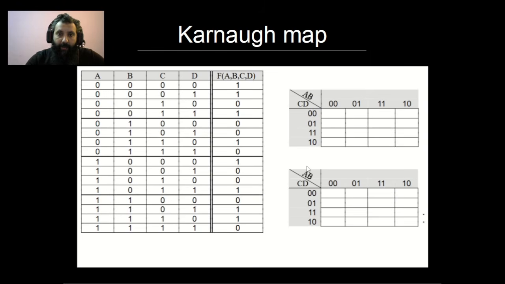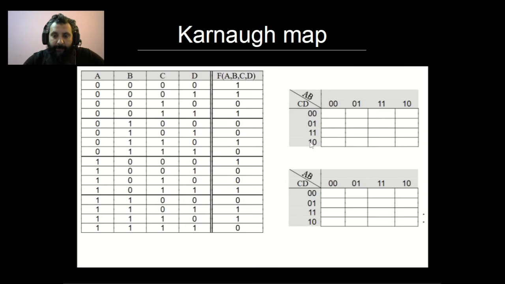Let's pass now to another, more complicated exercise. In this part, we will use four variables. You can see here that the matrix, the Karnaugh map, is doubling its size. Why? Because using this variable D, we have two more rows.